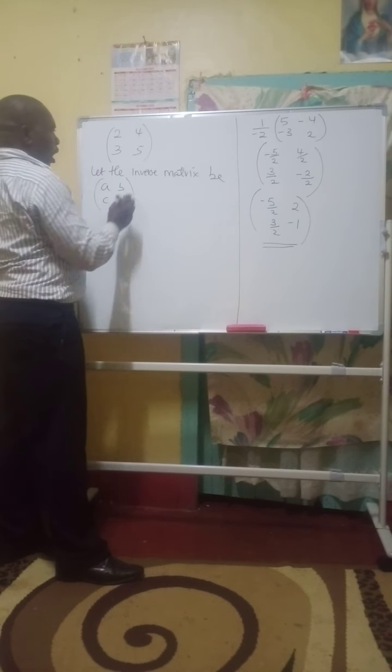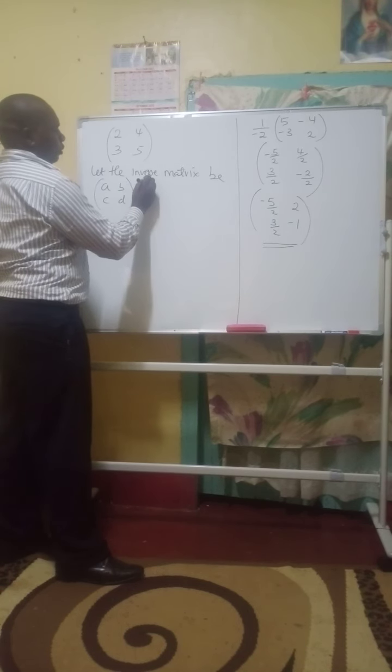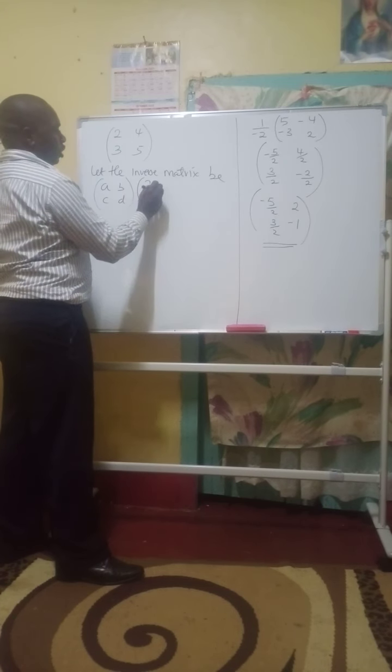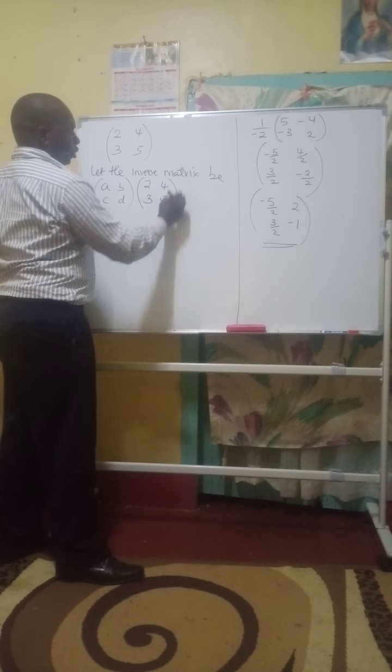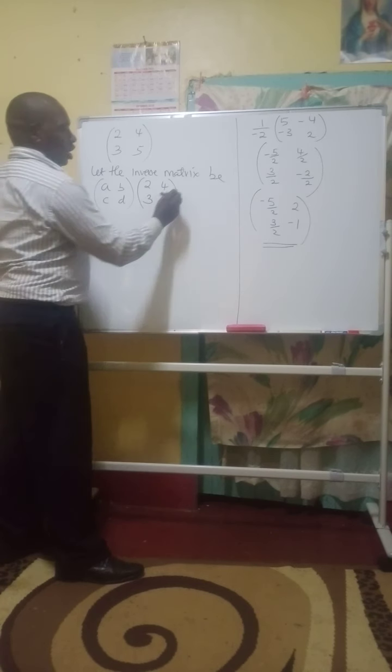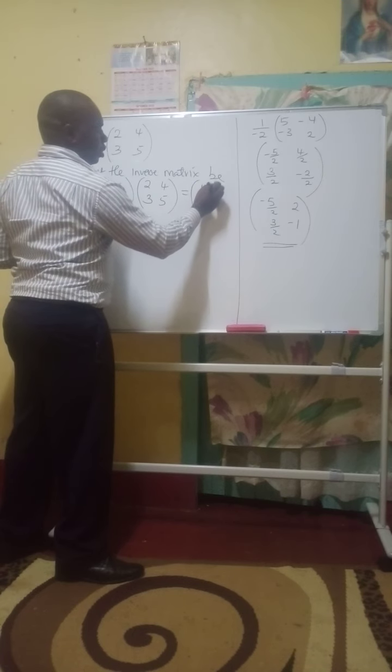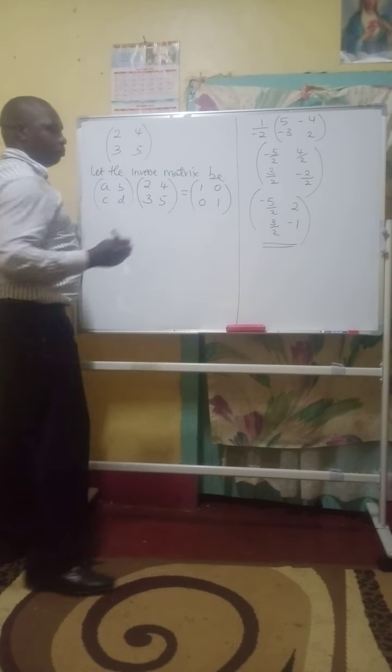And then I pre-multiply these. Pre-multiplying means it comes before the given matrix, 2, 3, 4 and 5. And this should always give us the identity matrix, which is 1 0 0 1.